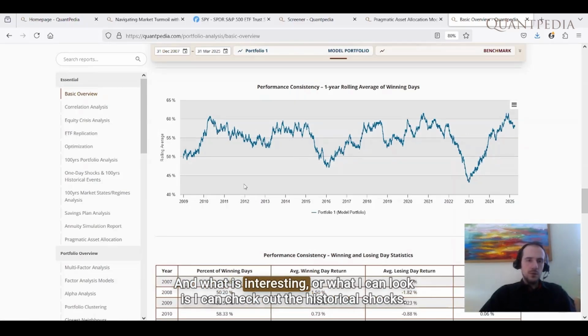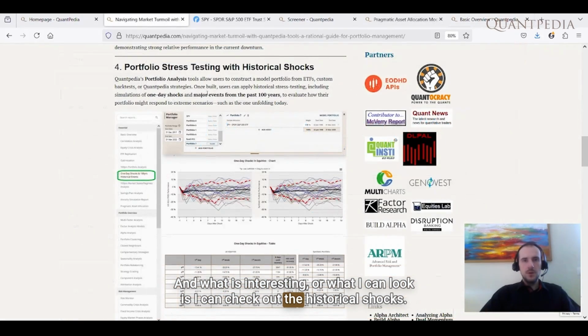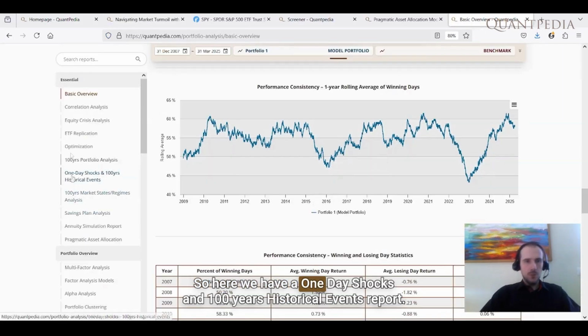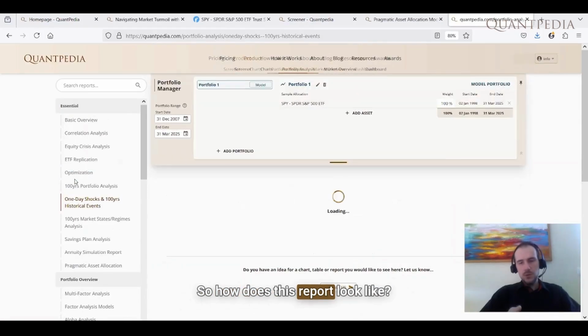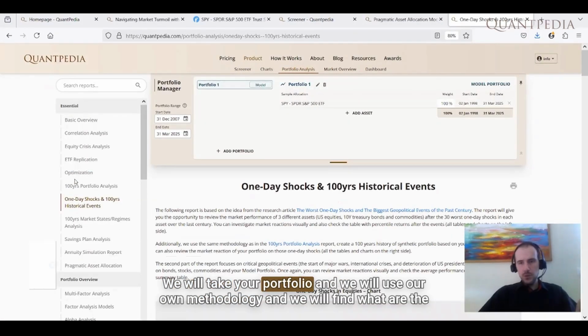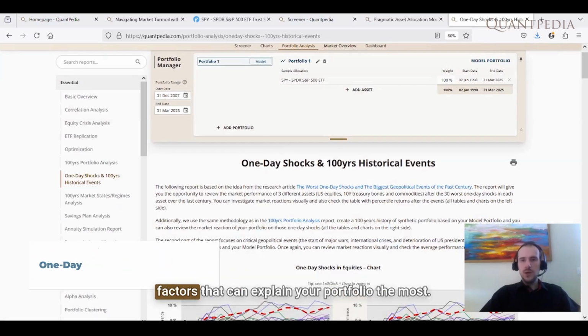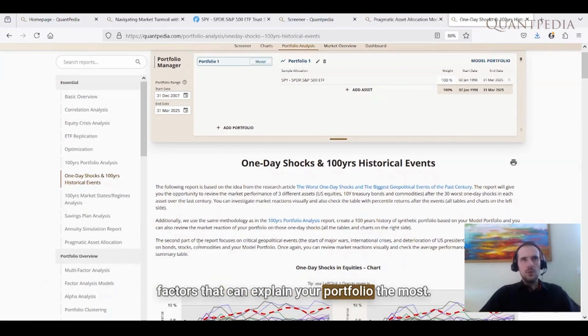And what is interesting is that I can check out the historical shocks. How does it work? Here we have a 1-day shocks and 100 years historical events report. So how does this report look? We will take your portfolio and use our own methodology to find the factors that can explain your portfolio the most.